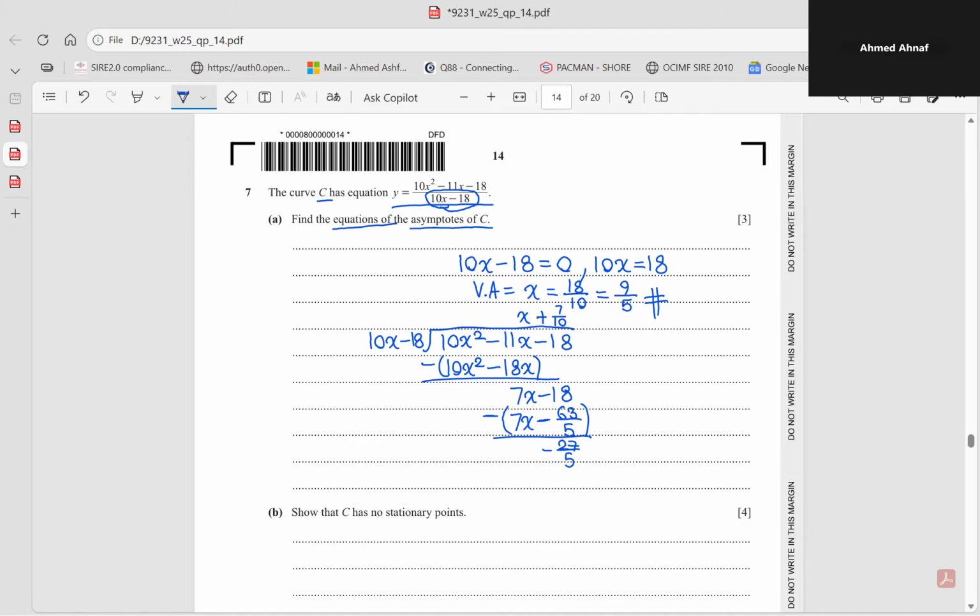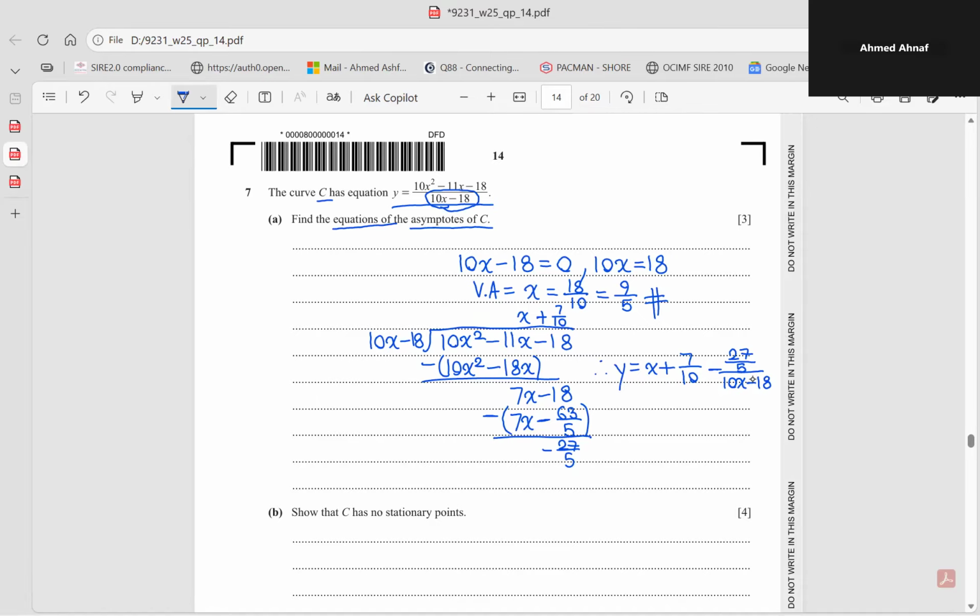So therefore, we can express y as the quotient x plus 7 over 10 plus the remainder, which is minus 27 over 5 over 10x minus 18.